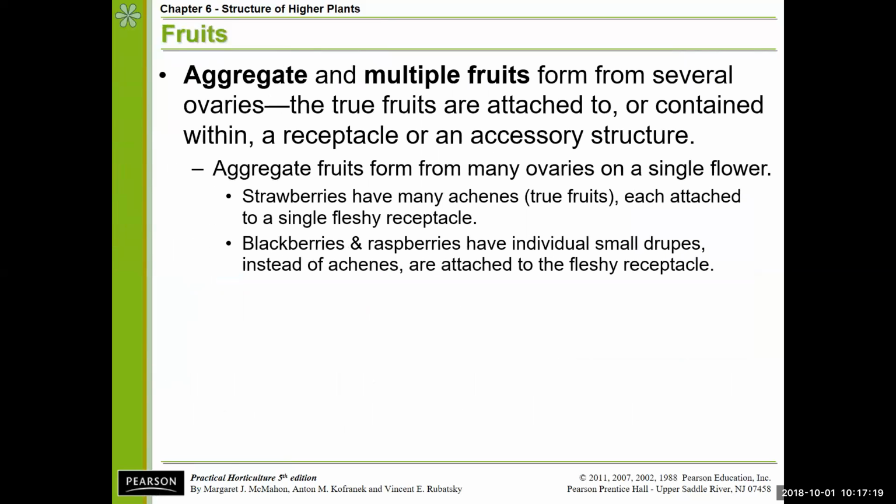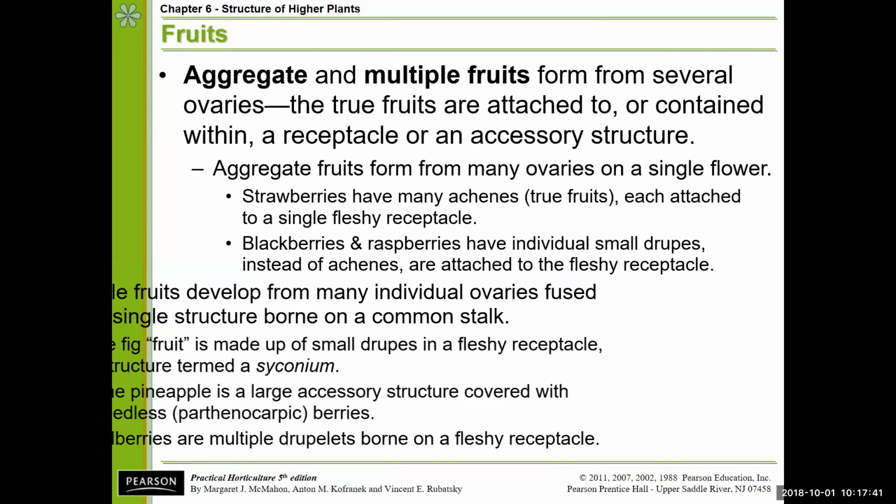Aggregate and multiple fruits, such as strawberries, blackberries, and raspberries. Again, these are multiple flowers together, an inflorescence, a cluster of flowers that have many different little cells that are really technically each individually a fruit, which is why we call them aggregate or multiple fruits.